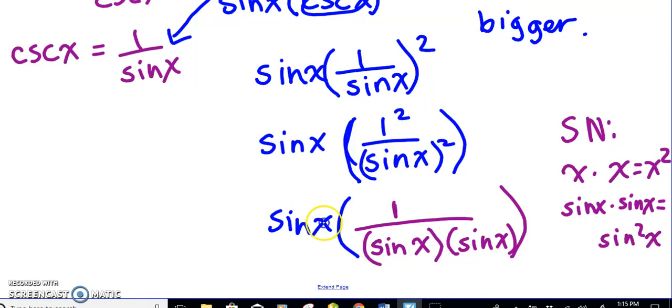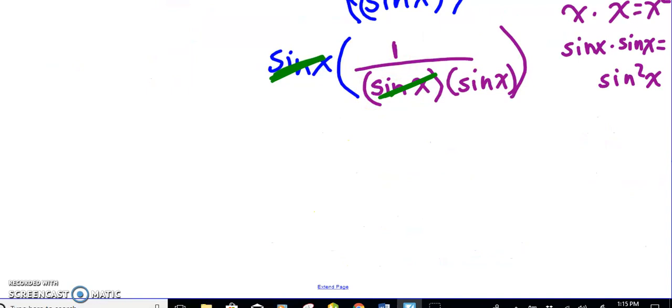All right, so with a sine x and a sine x on the bottom, one of them cancels out, and we're left with 1 over sine x.